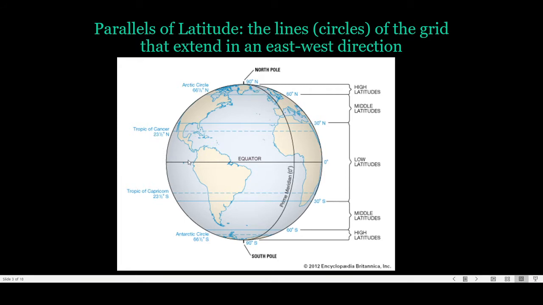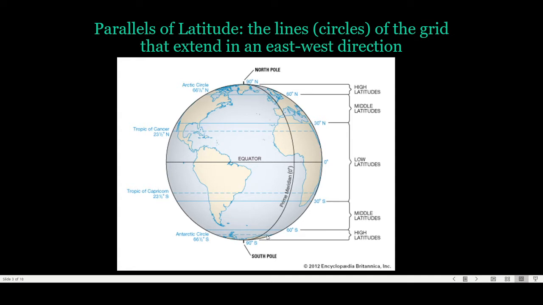And then again, we have the equator, and the equator is 0 degrees. It's not designated north or south, but everything above is north and everything below is south. We have Tropic of Capricorn, 23.5 degrees south, represented by this dashed line, and the Antarctic Circle at 66.5 degrees south, represented by this dashed line as well.